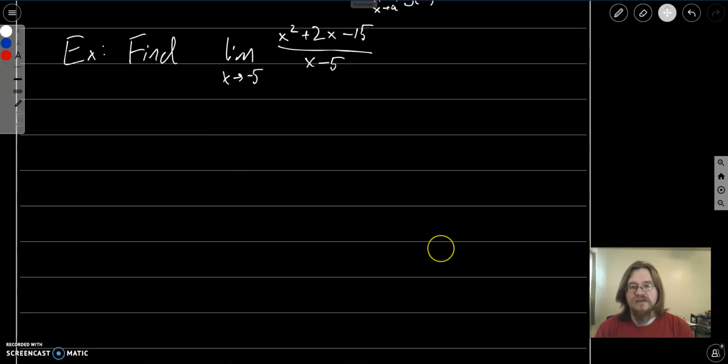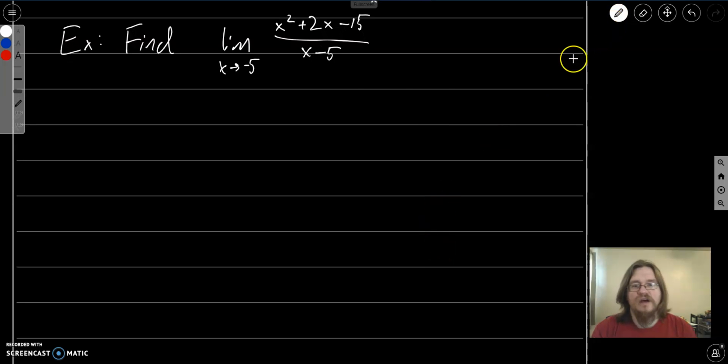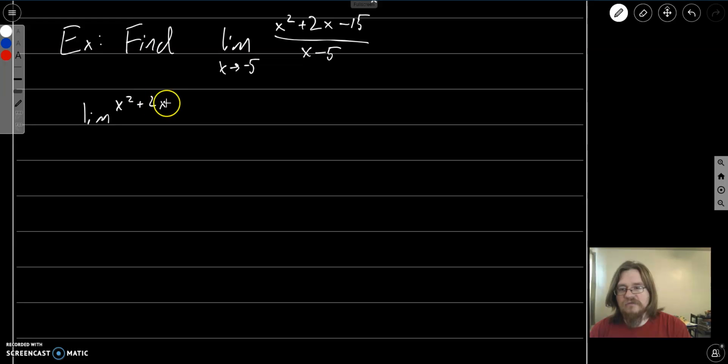So let's find this limit here. We have the limit of x squared plus 2x minus 15 over x minus 5, and we're looking at the limit as x approaches negative 5. So let's get to work. So this limit, we have something on the top of a fraction, something on the bottom of a fraction.